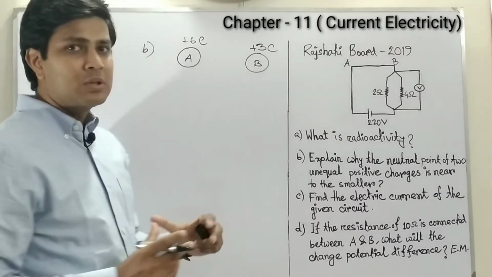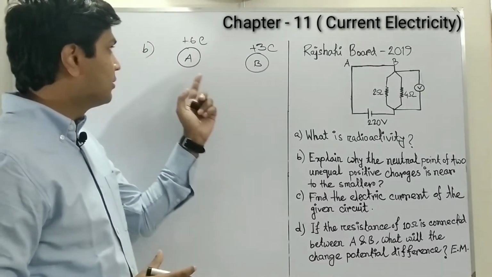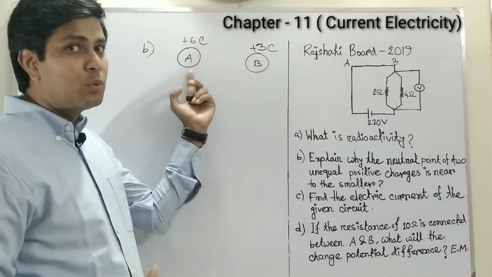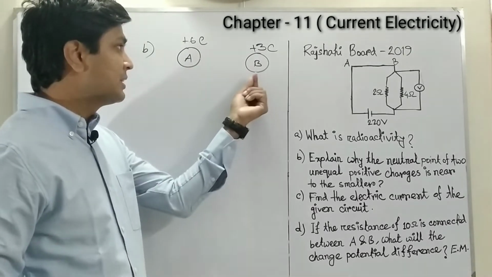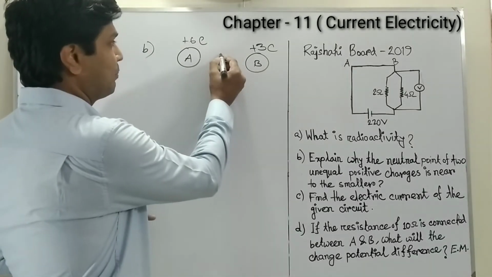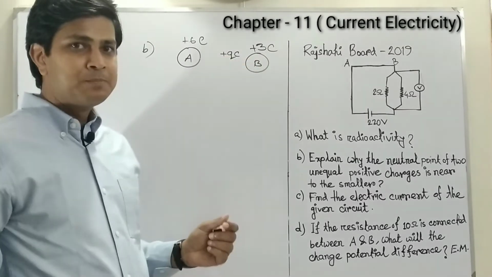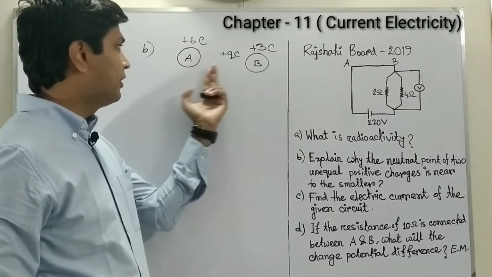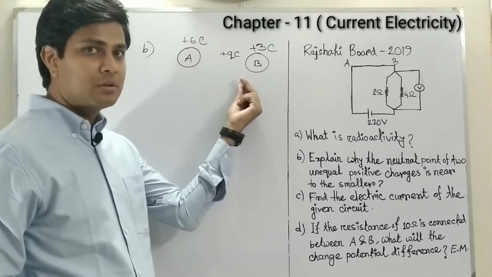Because we know the electric line of force depends on the amount of charge. The first has more charge, so its electric line of force is more than the second charge's, and that is why if you place a positive charge between the two charges, it will feel more repulsion from the first charge and less repulsion from the second charge.